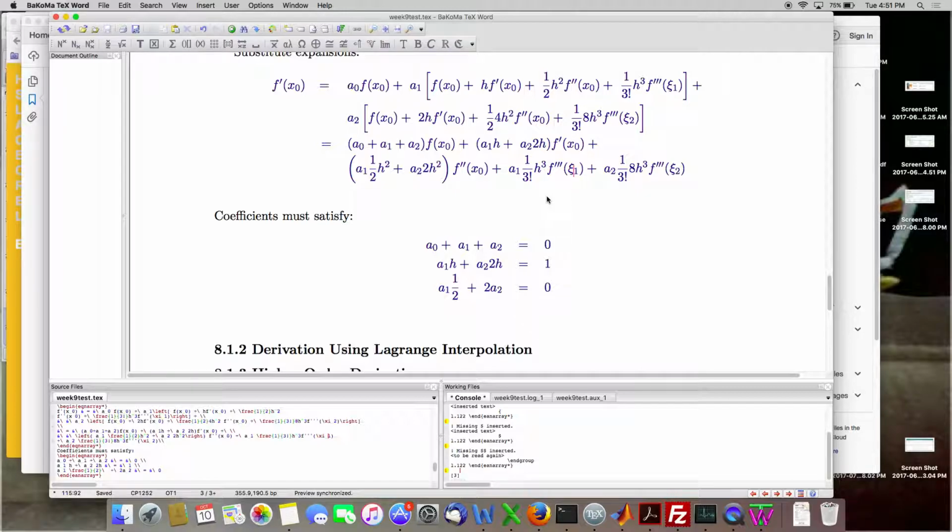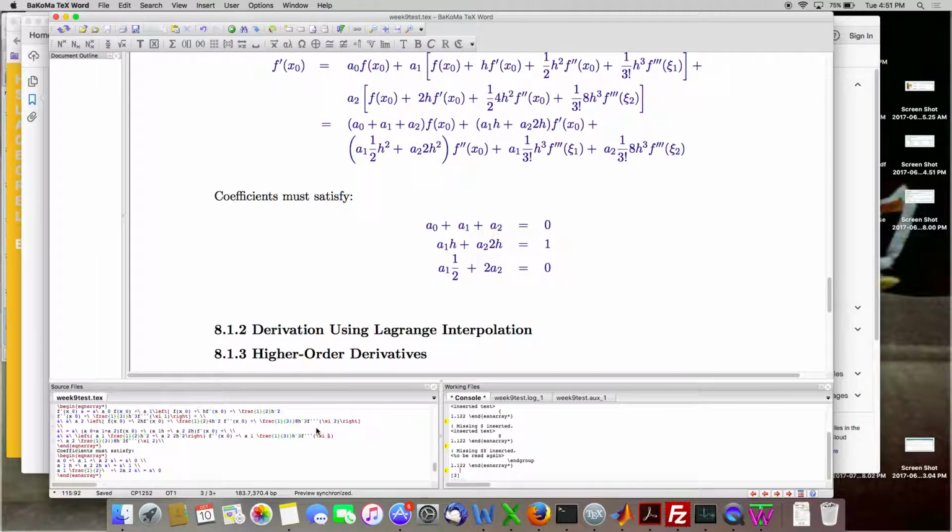Or really, it's the left side that's the approximation. What we're going to get over here is f prime plus this stuff. So really, what we're going to have here is like minus the error. But really, it's the magnitude of error we care about more.